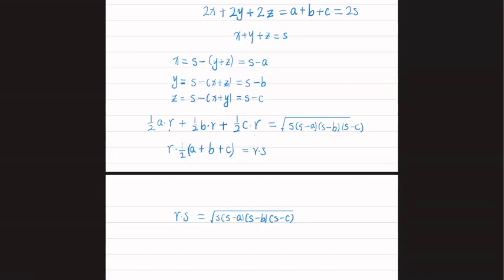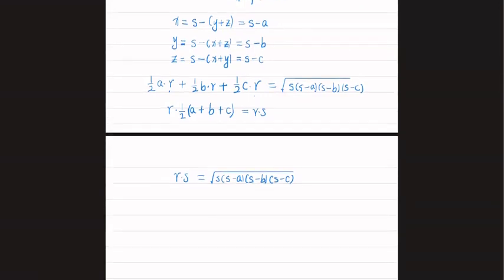Okay, we divide both sides by S, we get the formula for the radius.